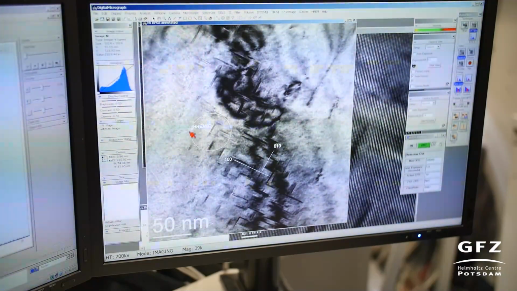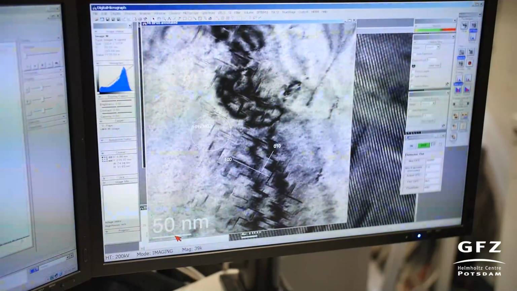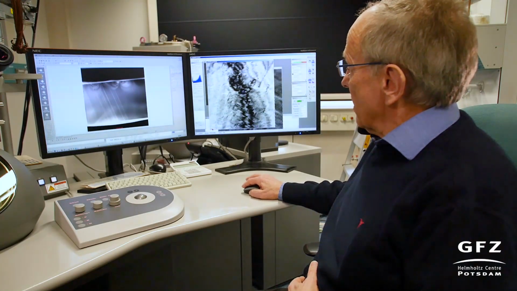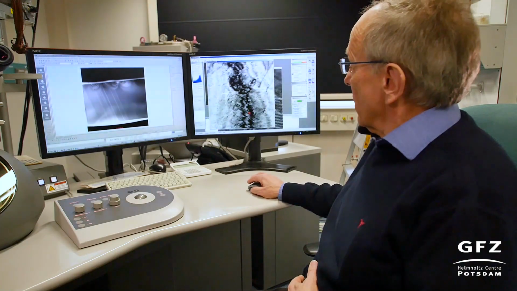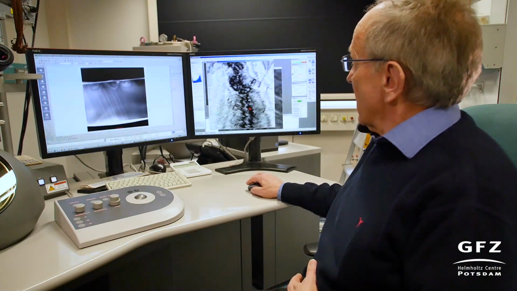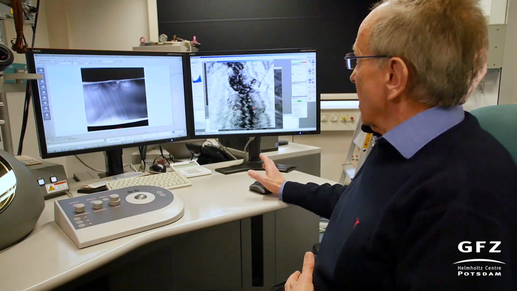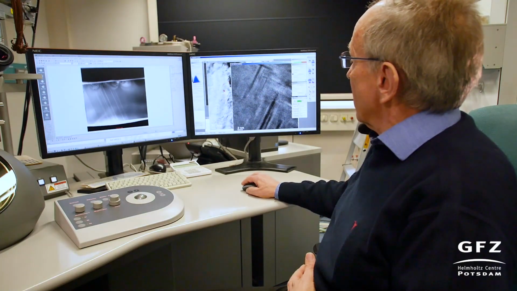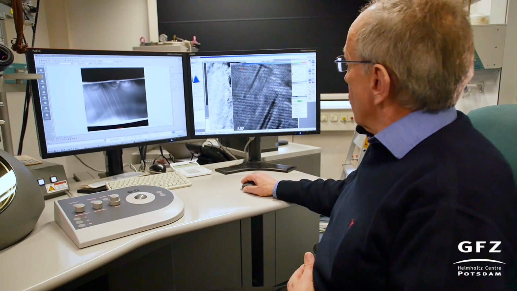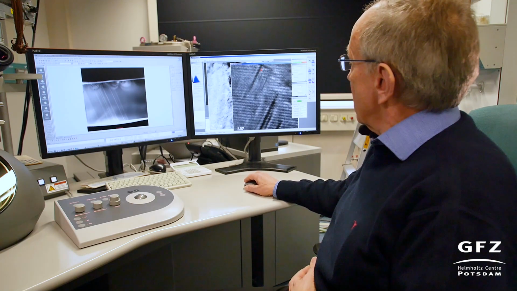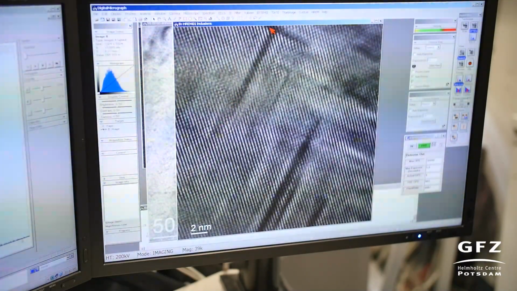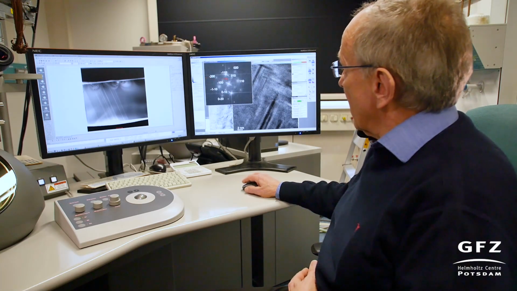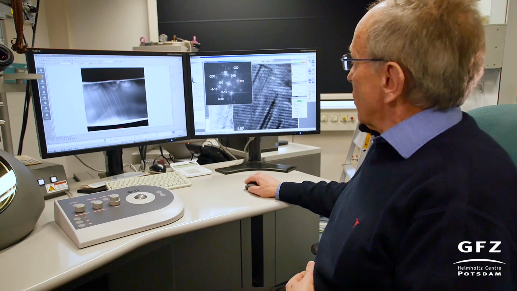Therefore, we use an area, for example like here, for high-resolution imaging. Note that the scale bar here is only 20 nanometers, so the width of this lamella here is approximately 100 nanometers or so. If we use a high-resolution imaging technique on this area, we can see that these dark lamellae are normal to each other and the bright lamellae are also normal to each other. We can identify them by electron diffraction pattern.